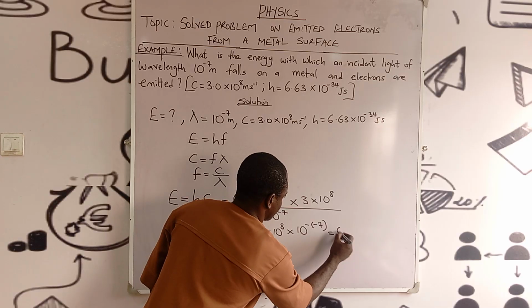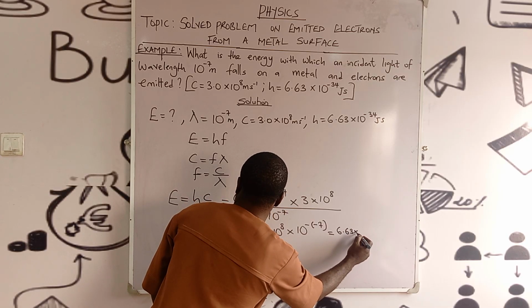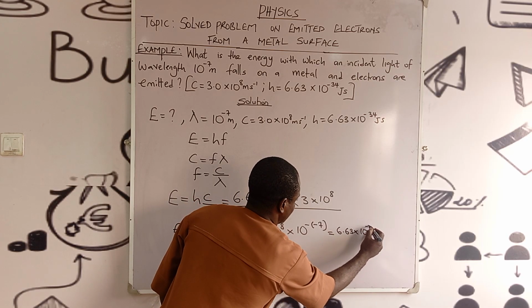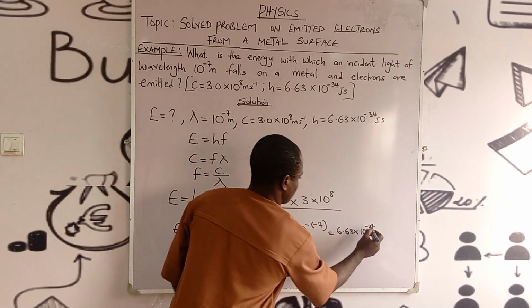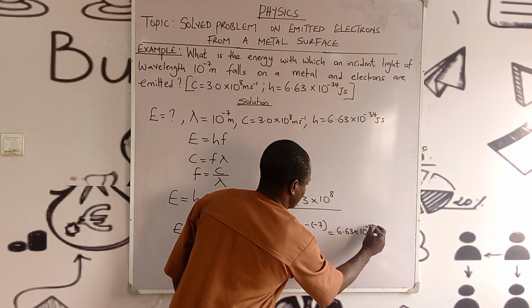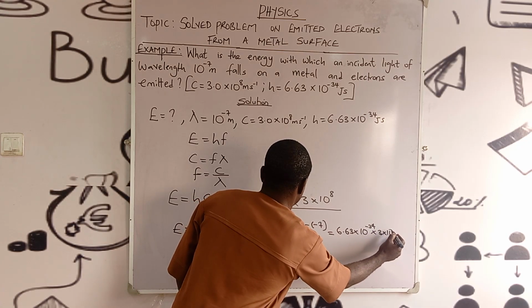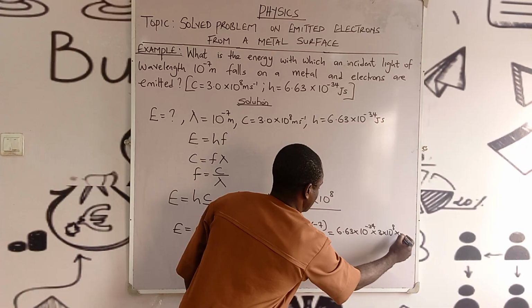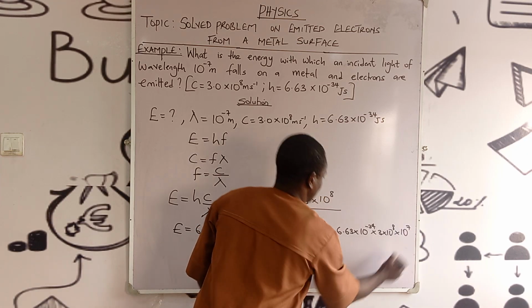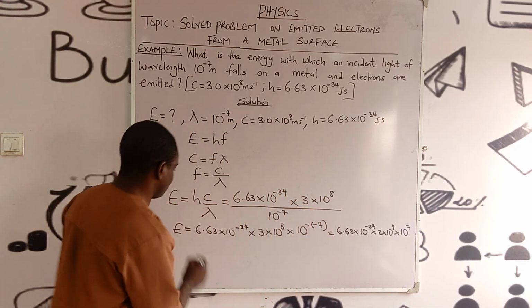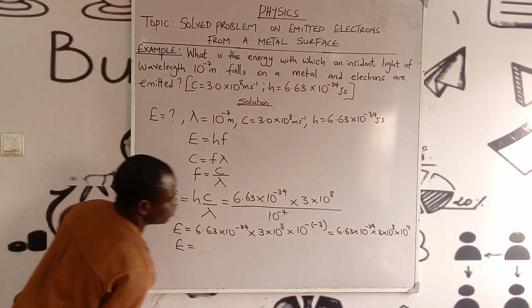Now it will be 6.63 times 10 raised to power minus 34 times 3 times 10 raised to power 8 times 10 raised to power 7, because negative and negative turn to positive.